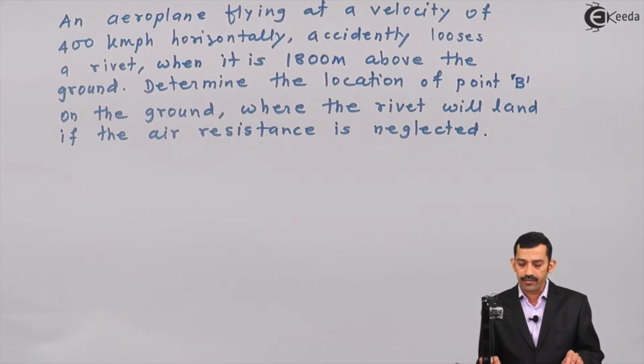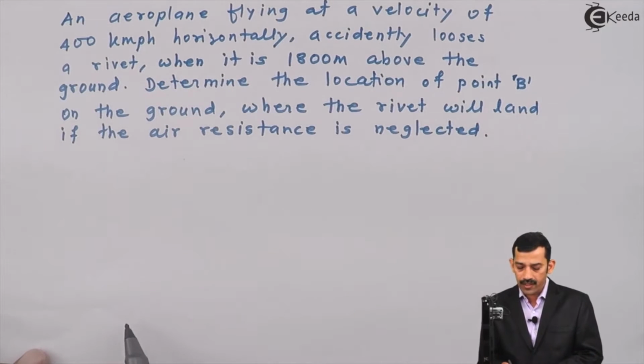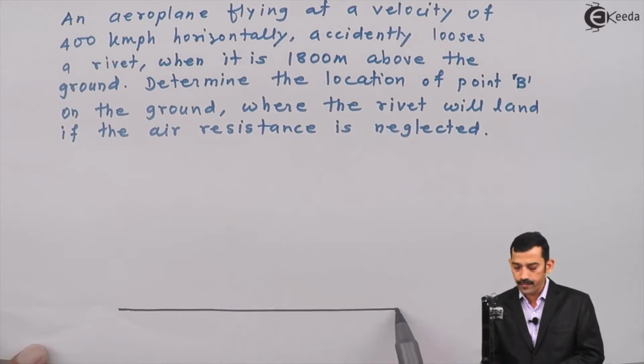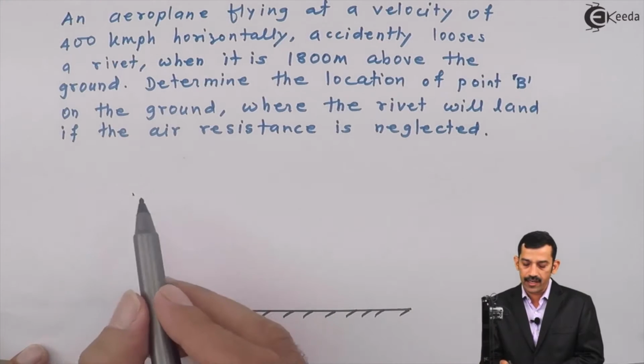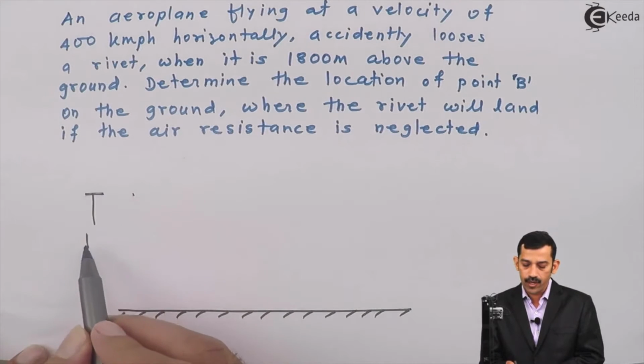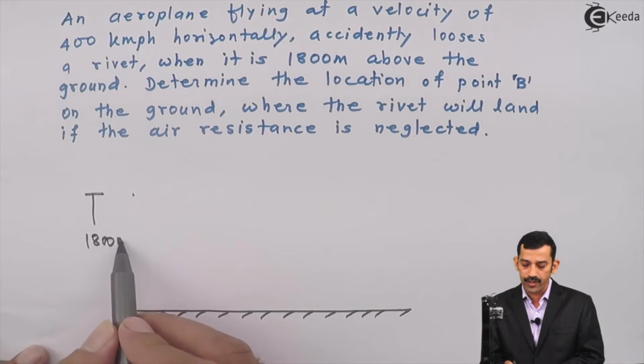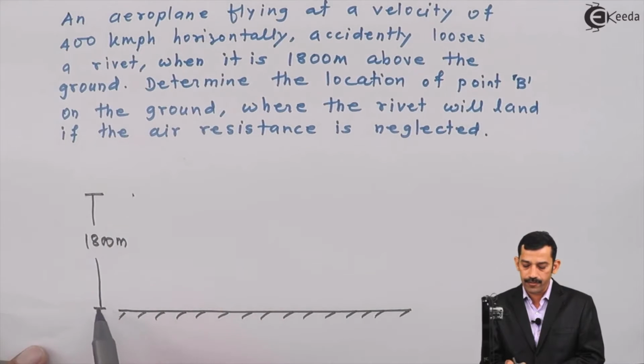A simple diagram, if you want to draw: say this one is the ground. The initial position of the aeroplane is 1800 meters from the ground.